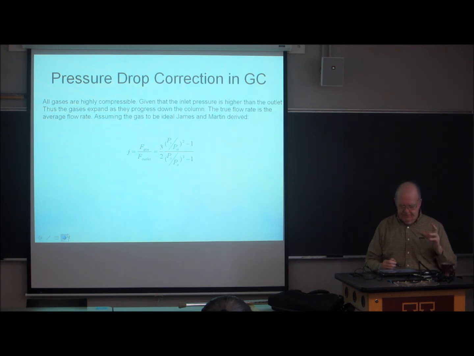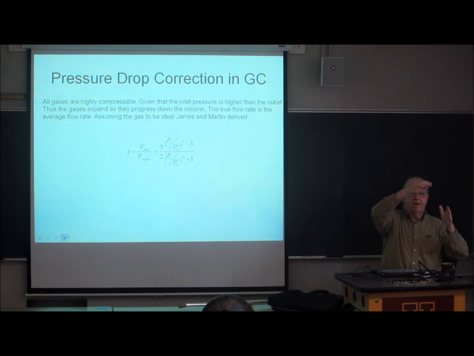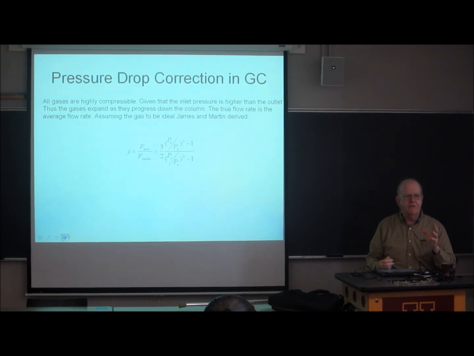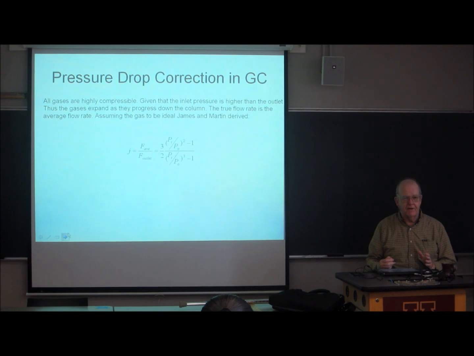So the actual flow rate that you should be using is the average flow rate. So you have to average the flow rate from the inlet of the column to the exit of the column. It turns out that's fairly easy to do by application of the ideal gas equation, good old PV equals nRT.